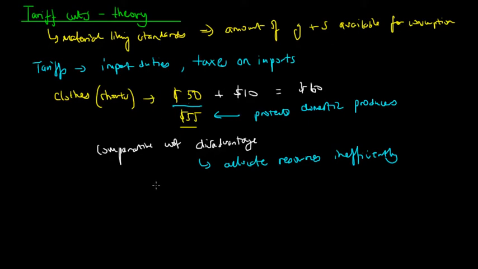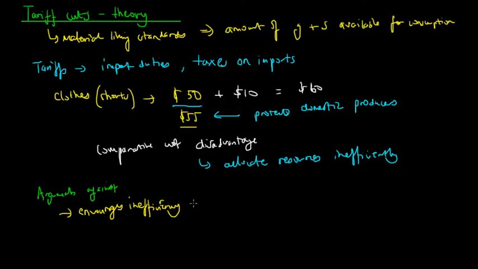And another argument against tariffs, well, the major argument against is that it encourages inefficiency. As we know, aggregate supply side policies are all about improving our efficiency.